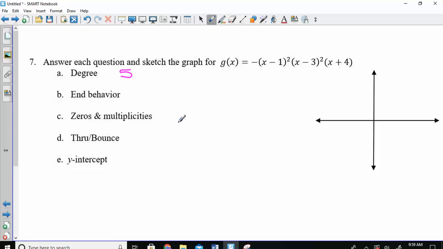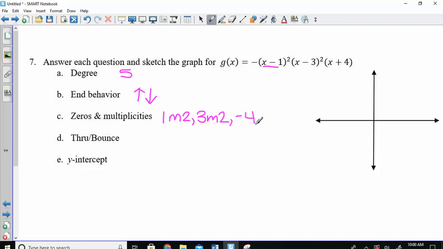Okay, what is the end behavior of this graph? Good. Degree 5, so it looks like a chair, the negative flips it. And you know you can always confirm that with your calculator. The zeros and multiplicity. So what makes x minus 1 zero? 1, and since it was squared, okay, what makes x minus 3 zero? 3, multiplicity 2.